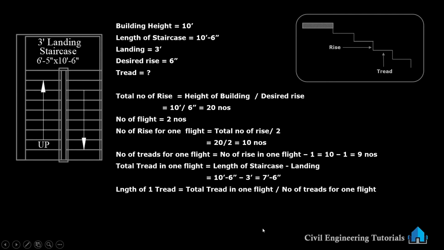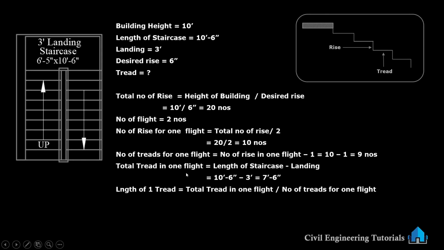Now length of one tread. Length of one tread means here to here, this distance. Tread length. Here to here. This length. Length of one tread is total tread in one flight divided by number of treads for one flight. Total tread in one flight means here to here, divided by number of treads for one flight. Number of treads we have calculated 9 numbers.